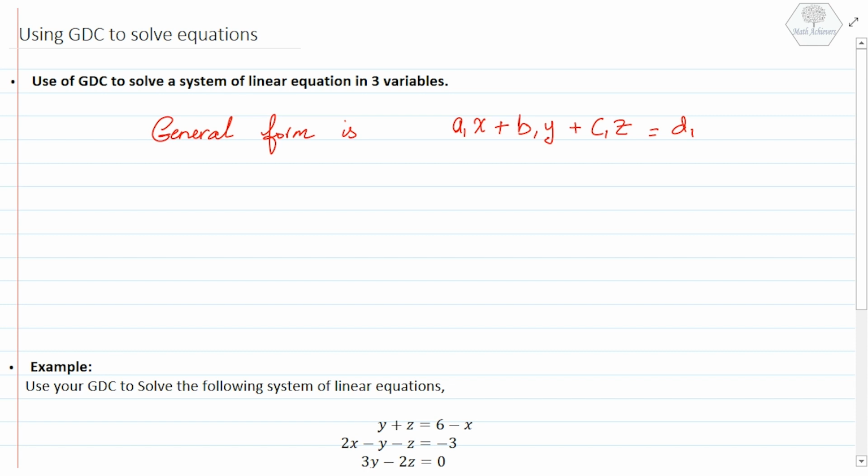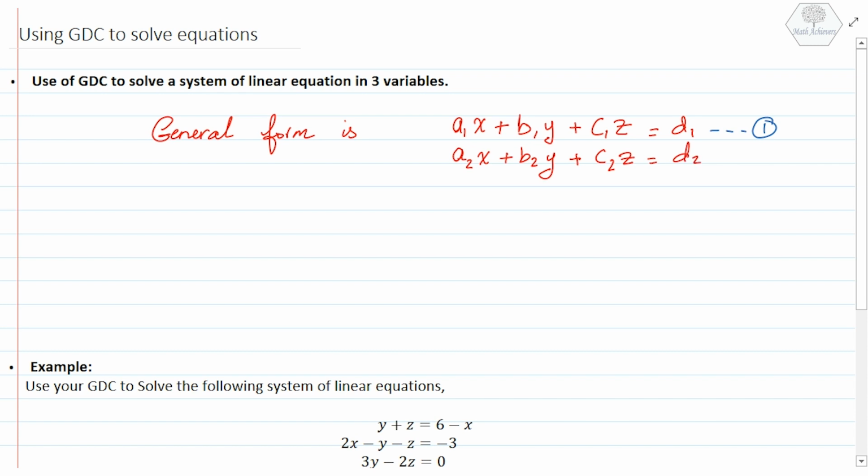The second equation is a2 times x plus b2 times y plus c2 times z equals d2.